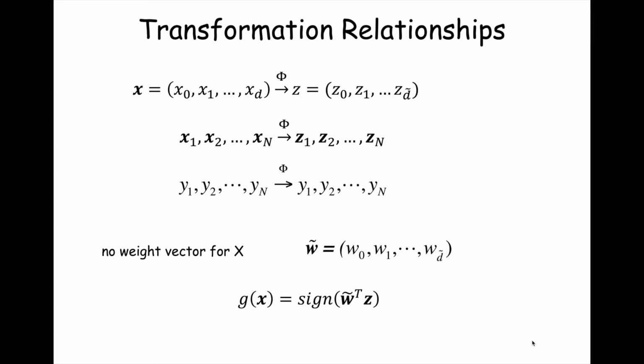And this d tilde, well, it certainly could be smaller. If you make it much, much larger, you're basically implementing a very highly nonlinear mapping from your original representation. And so the higher the dimensionality that your phi function transforms each point into, you can almost think of that as a measure of the degree of nonlinearity that you've introduced by doing this transformation.